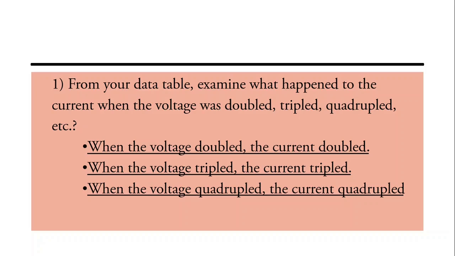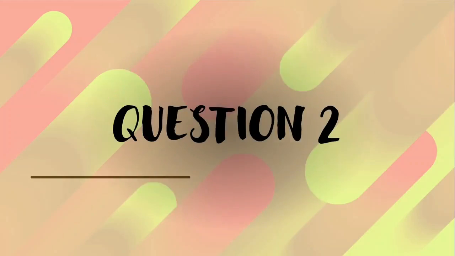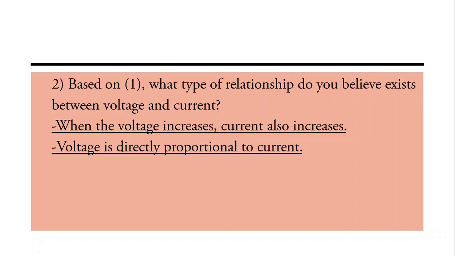When the voltage is quadrupled, the current also quadruples. We continue with question 2. Based on question 1, what type of relationship do you believe exists between voltage and current? The answer is, when the voltage increases, the current also increases. Voltage is directly proportional to current.